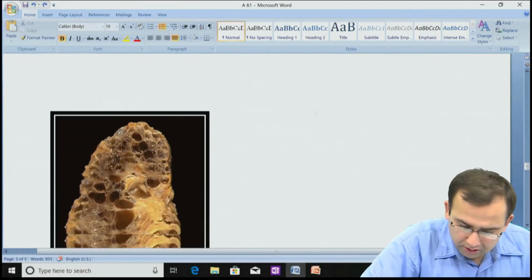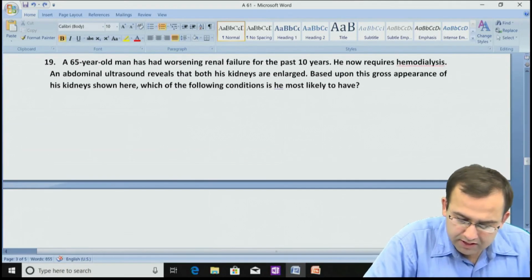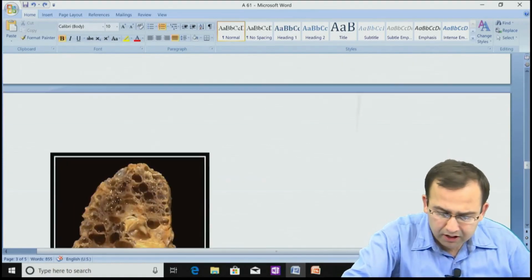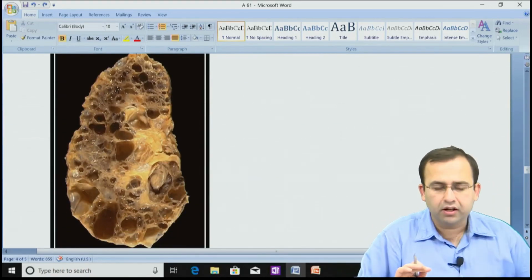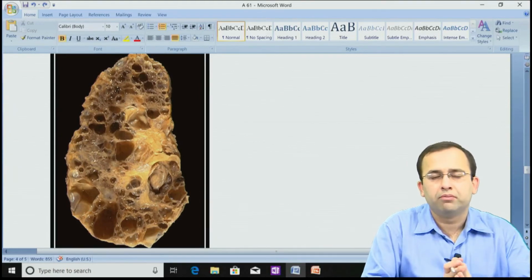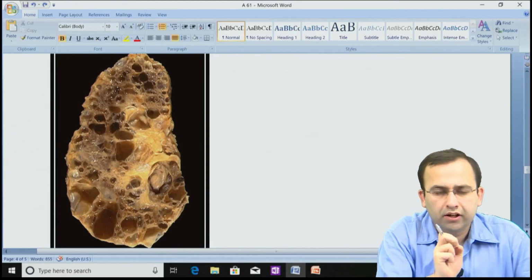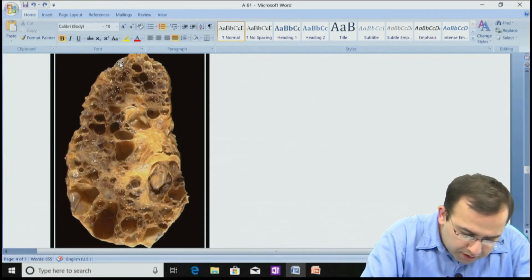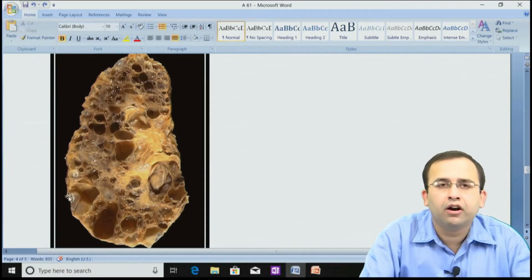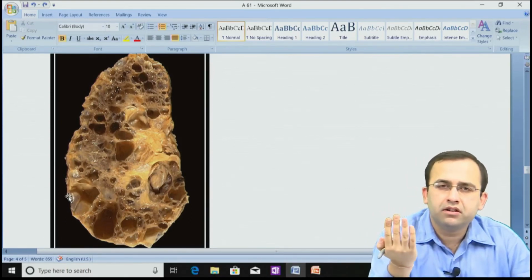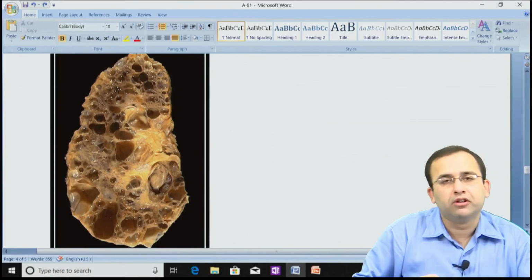Now, again, there's a long history: 65, worsening CRF, hemodialysis, ultrasound shows this, that. Not needed. Just have a look at the gross image. What this shows you is the presence of numerous cysts in the kidney, with a bosselated outer surface. The cysts are present randomly in cortex and medulla.